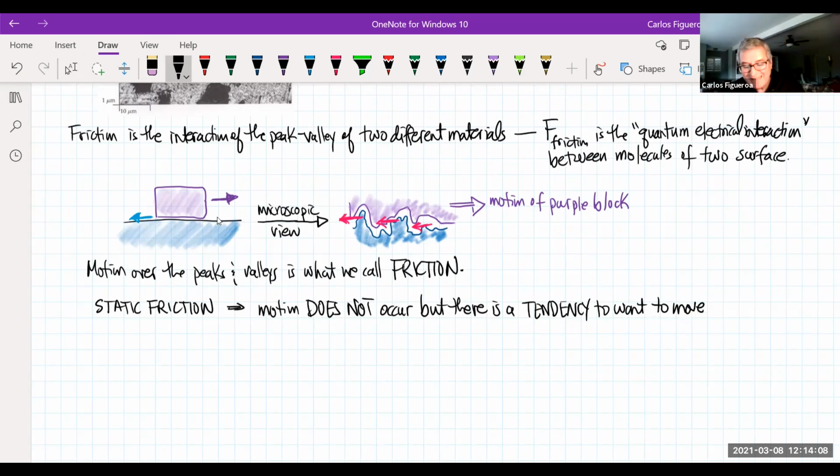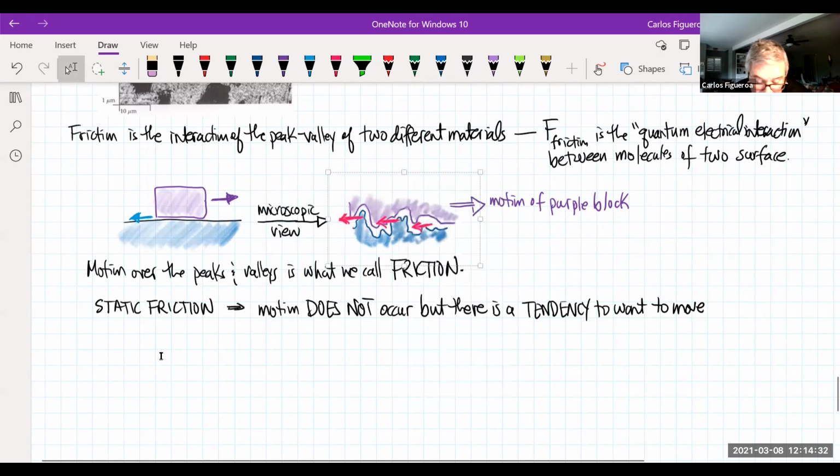If there's a tendency to want to move, you can see how even though we cannot detect motion, there is motion at the microscopic level where the peaks are interacting. If I take this picture right here, let me see if I can grab this picture.